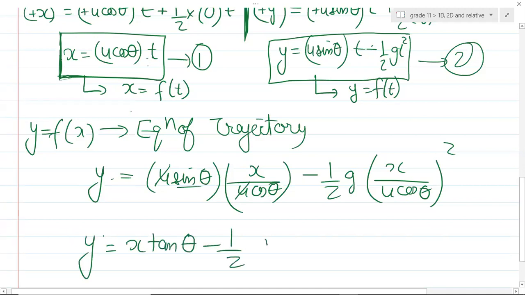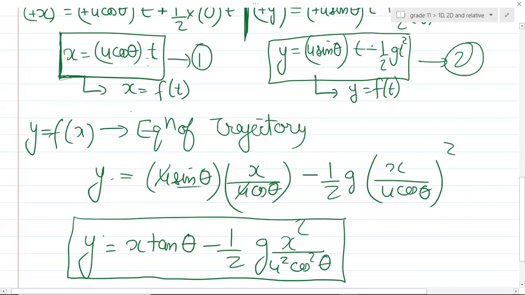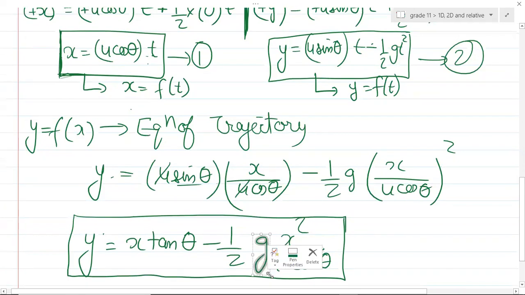So y equals x tan theta minus half of g x square upon u square cos square theta. This is basically your equation of trajectory.